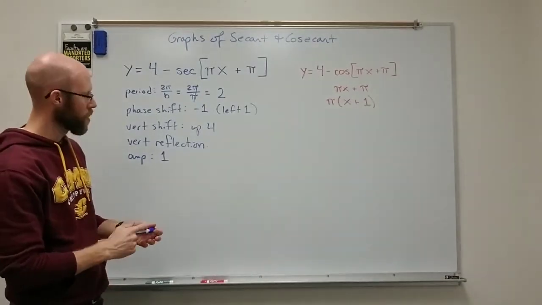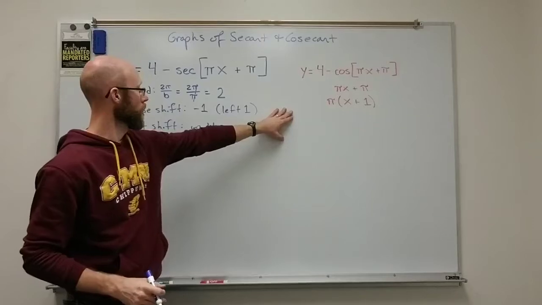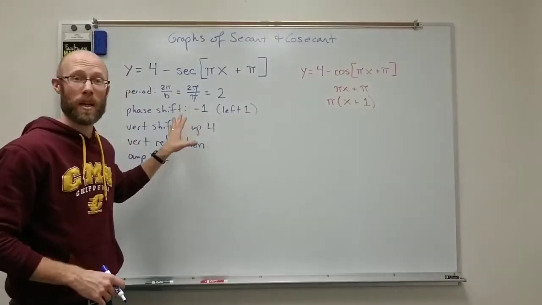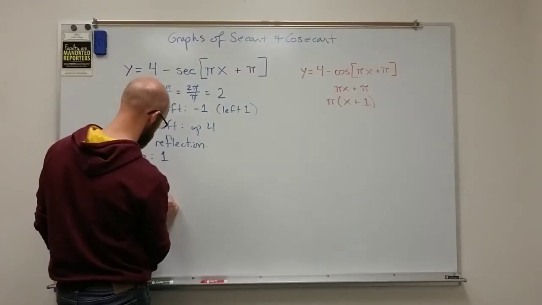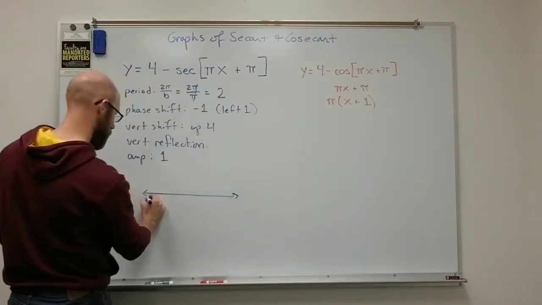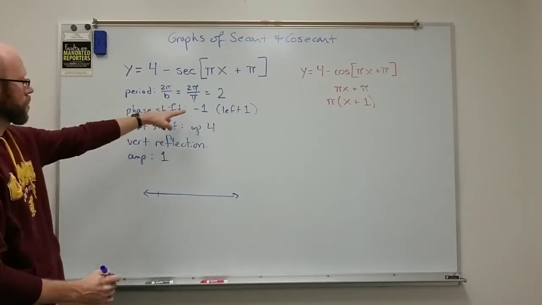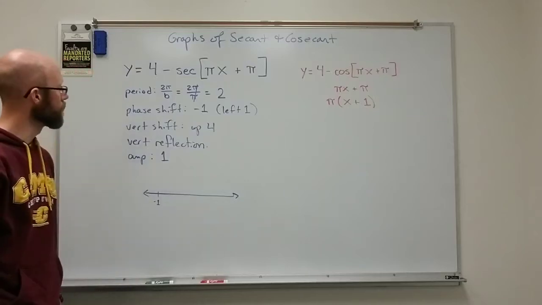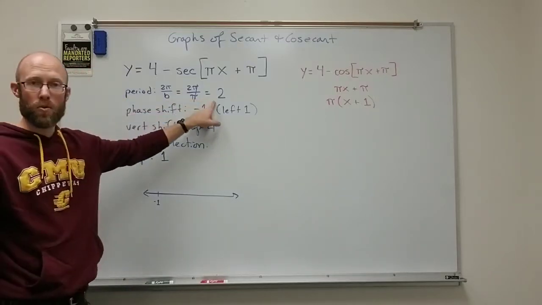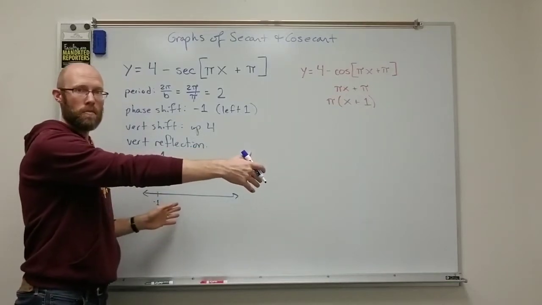Okay, so let's go ahead and we'll plot the graph of the cosine. Oh no, I can't do that yet. Jumping ahead of myself. We got to get our 5 key points in. We're going to start on the left. Well, because there's a phase shift of -1, we're going to start at -1. There's a period of 2. So if you go from -1, you go out 2 units, that'd put you at 1.